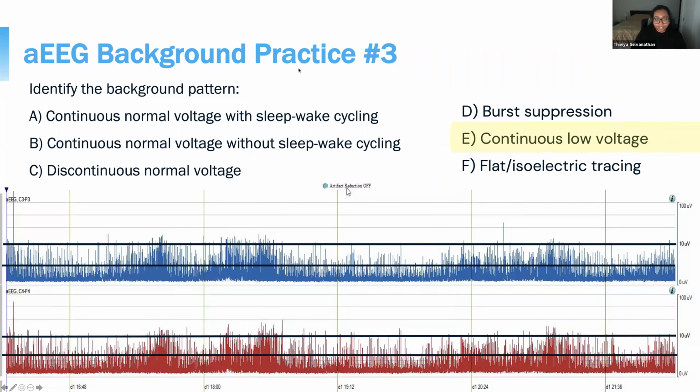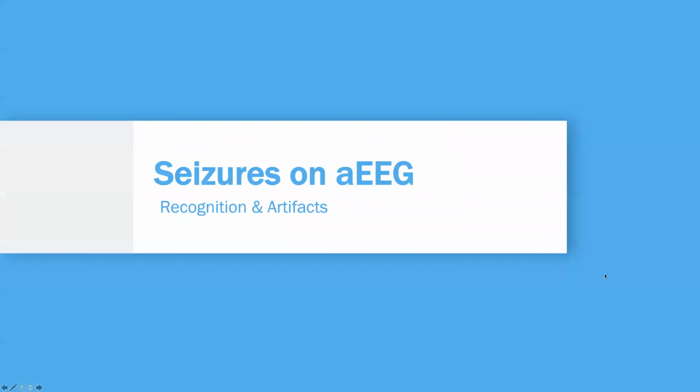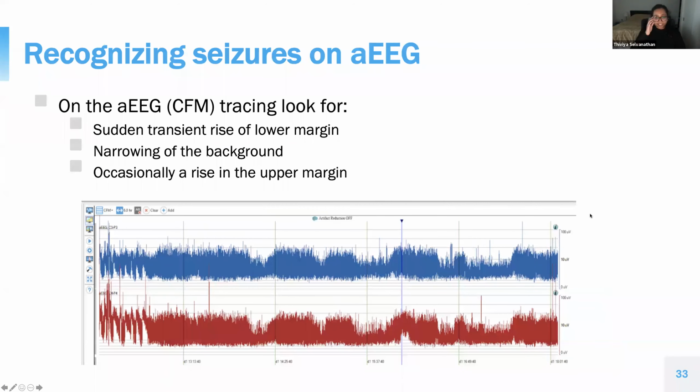All right, so we're now going to move on to recognizing seizures on amplitude integrated EEG, as well as some common artifacts. When we're looking at seizures on the AEEG tracing, what we're looking for is a sudden transient rise of the lower margin.